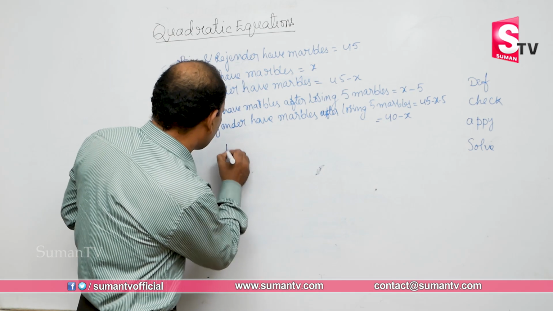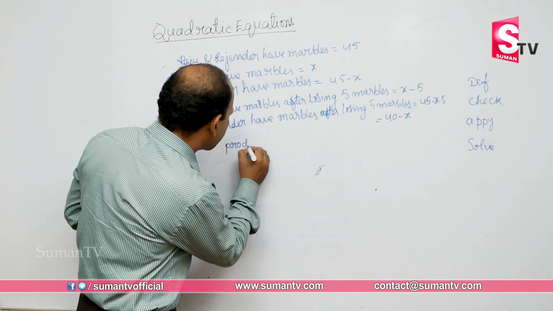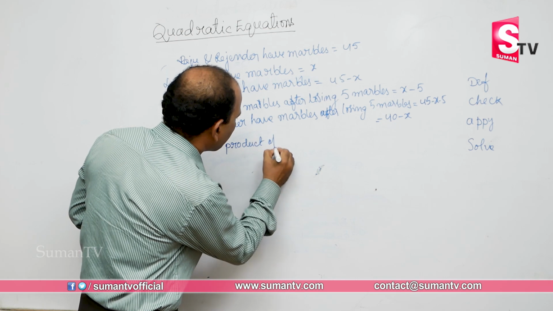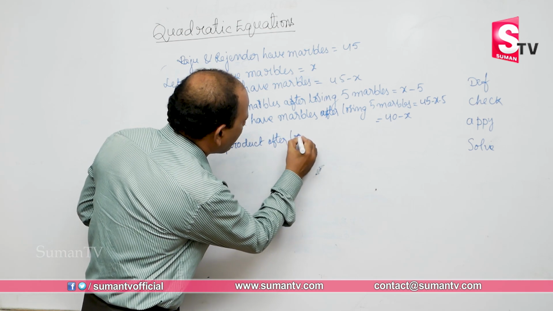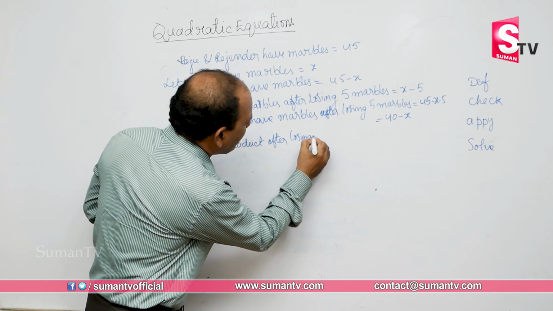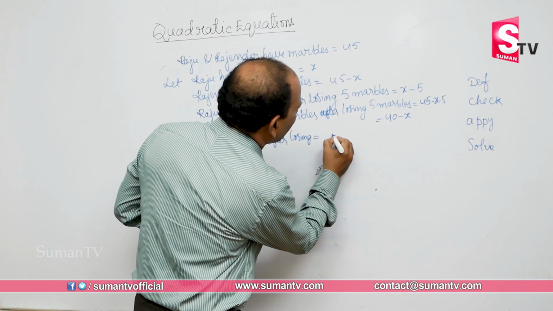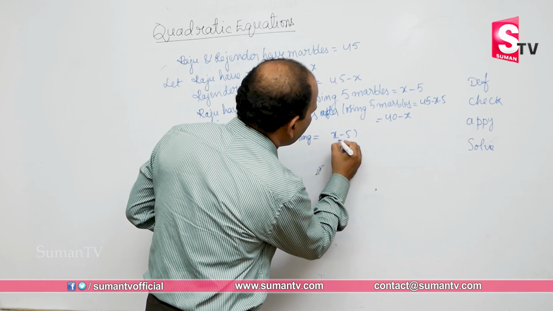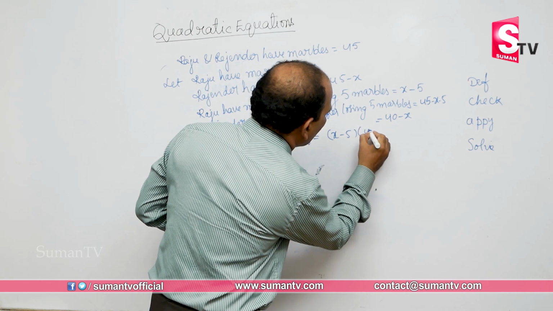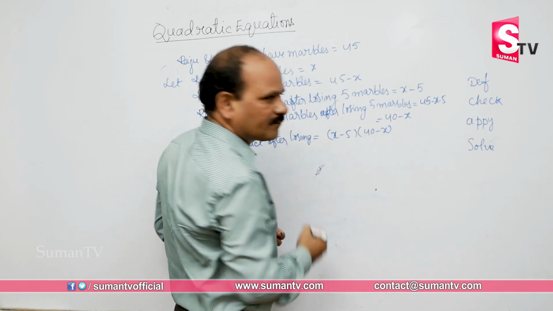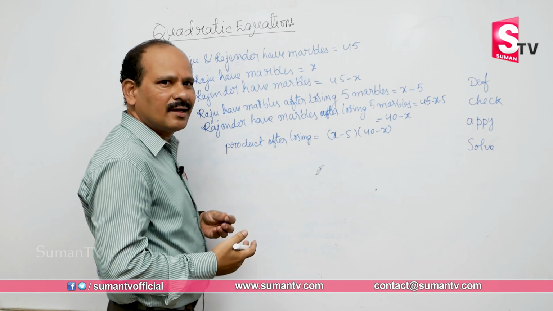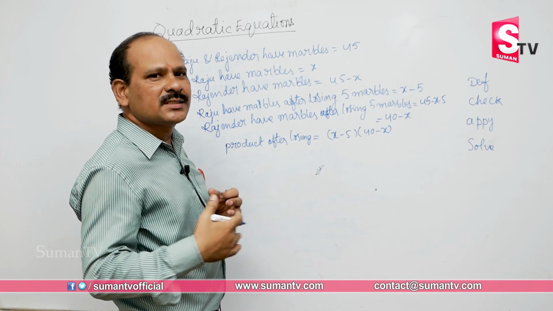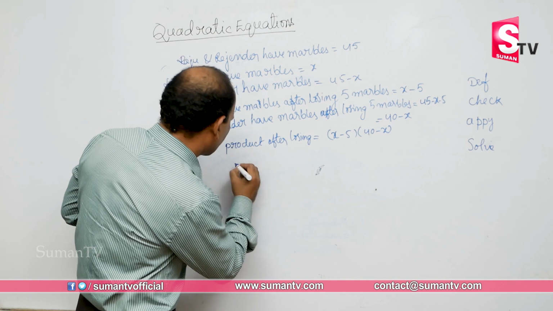The product of them is given as X minus 5 into 40 minus X. But it is given in the question that after losing the 5 marbles, the product is equal to 128.